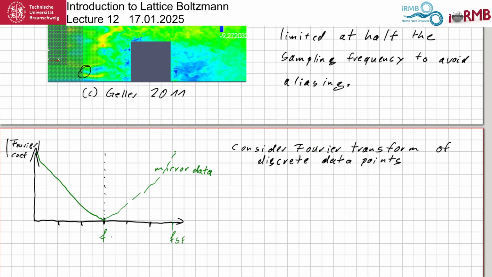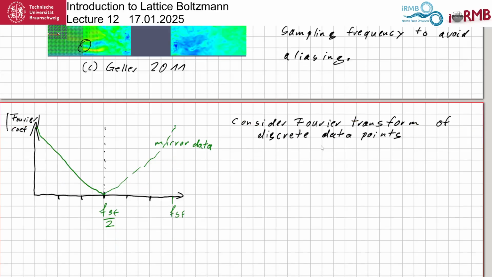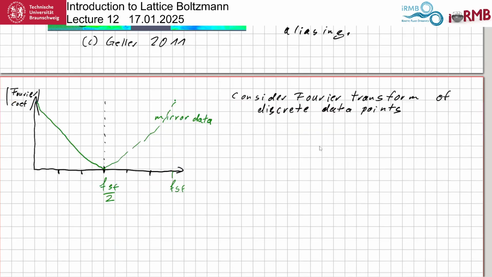The FSF half, which by the way, because we are halving the grid spacing, is also the sampling frequency on the coarse grid.